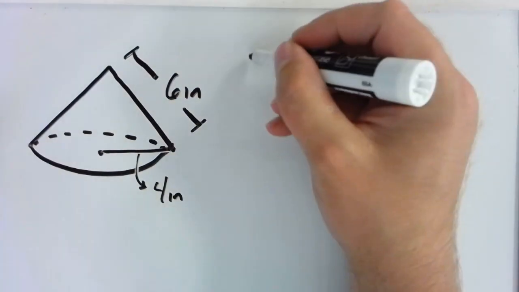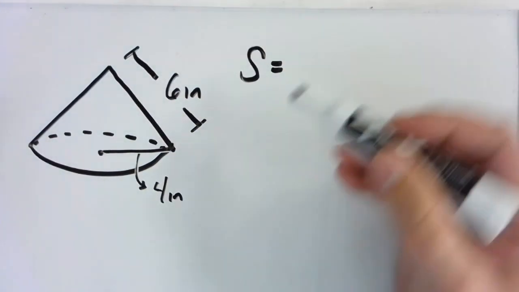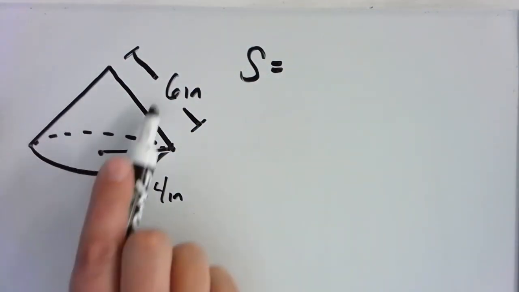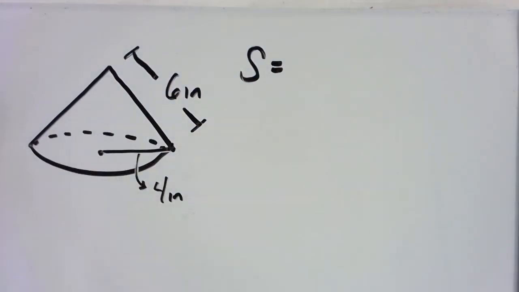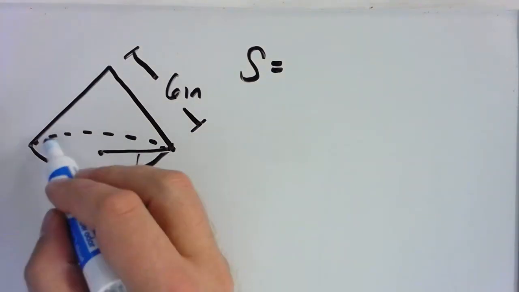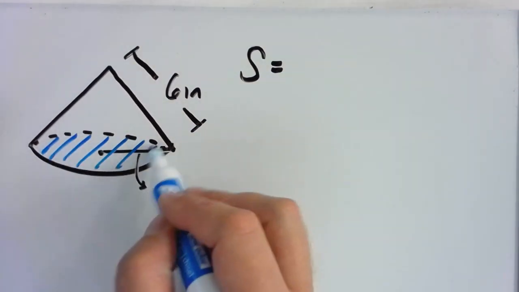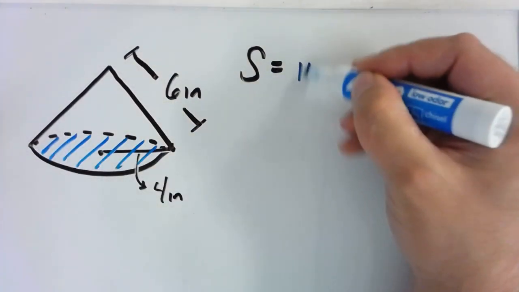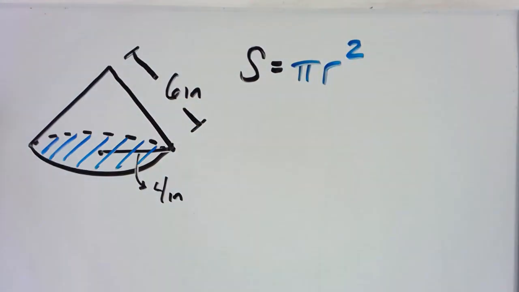So now I just jump to the formula. Surface area is equal to the sum of the two area pieces that I can break down here. There is the base, which I'll color in blue right here, which again is a circle. So that's just going to be pi r squared, the r again being that 4 inches.